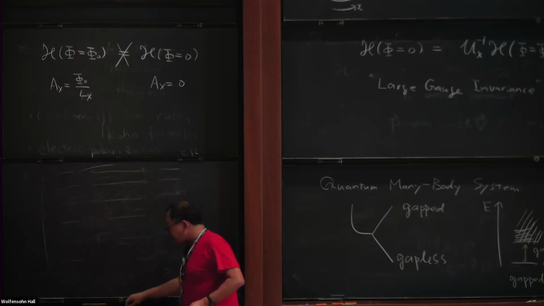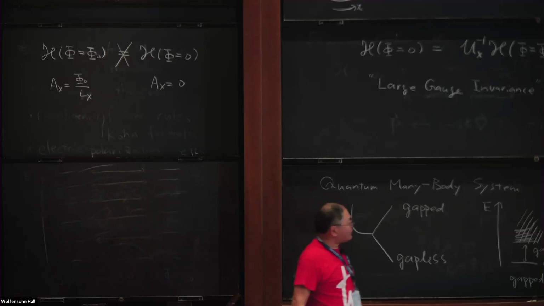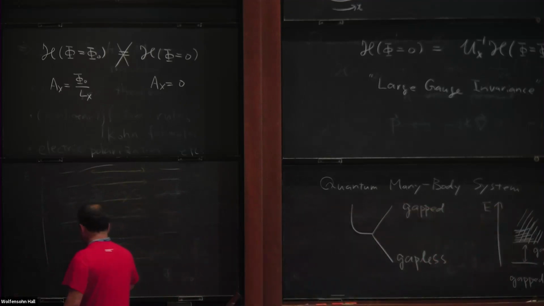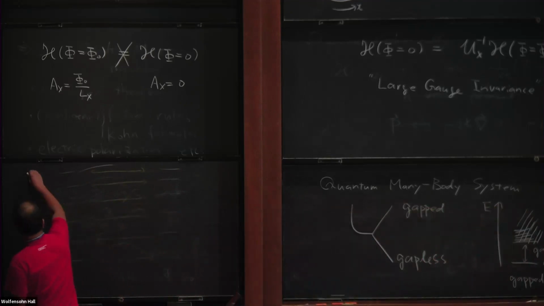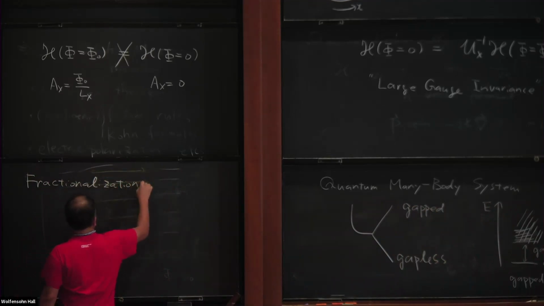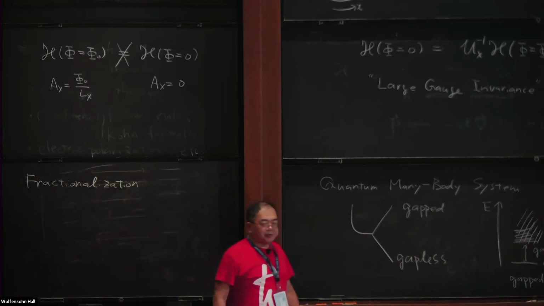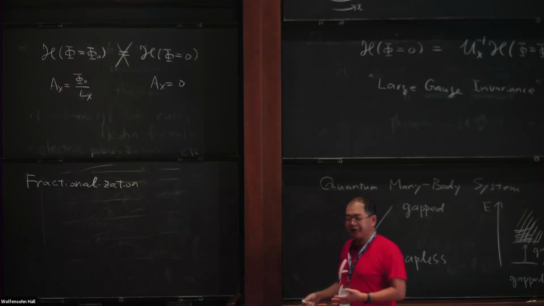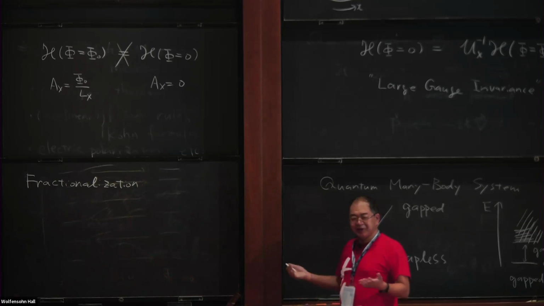So as a first application, I want to discuss the consequence of so-called fractionalization. By fractionalization, there are already known examples, like in quantum Hall states, the Laughlin state, for example.